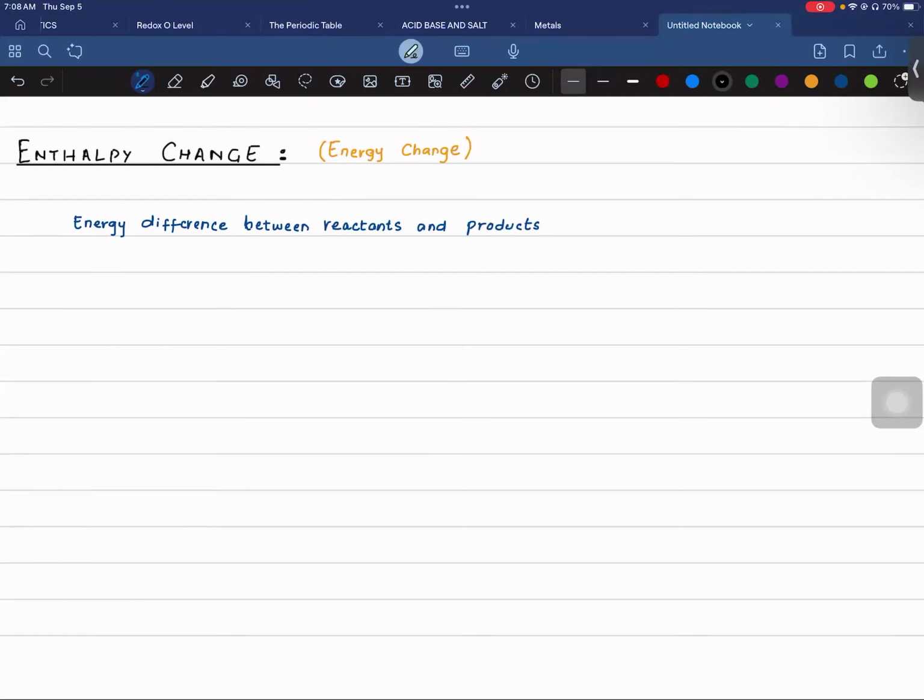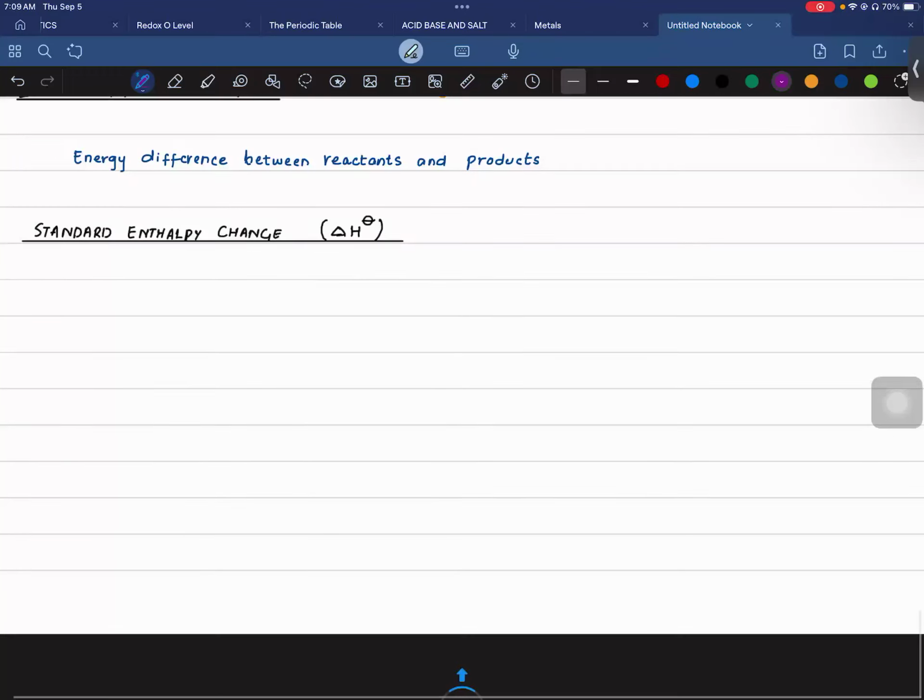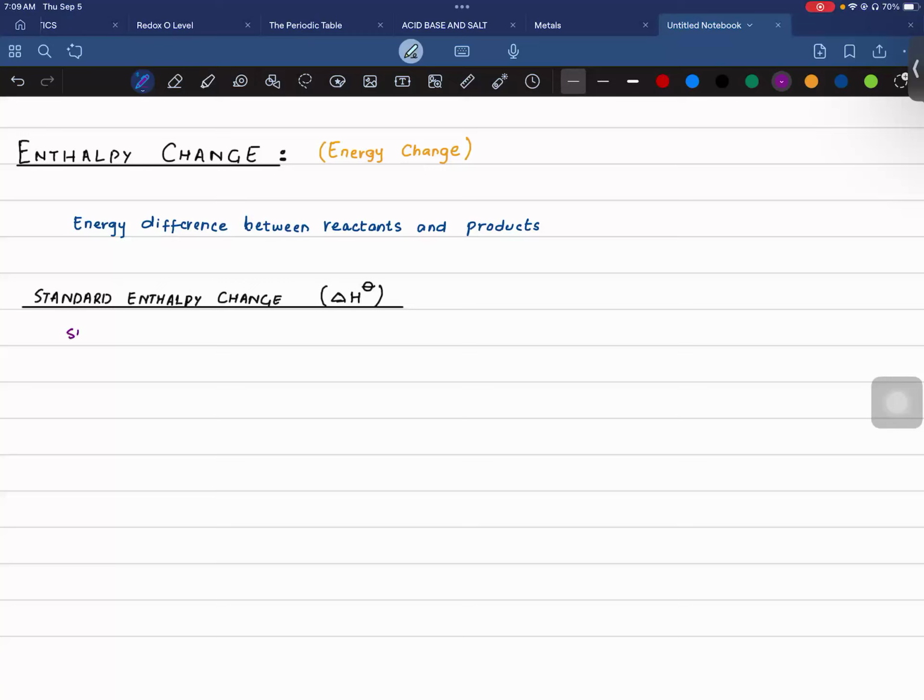And then we have standard enthalpy change, delta H naught.